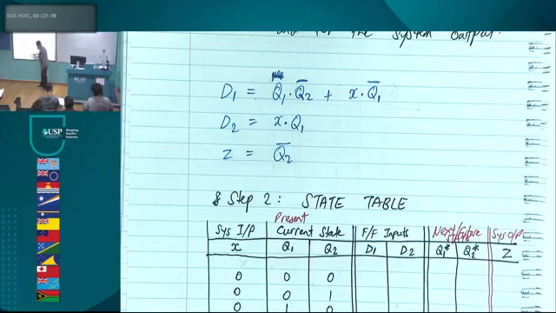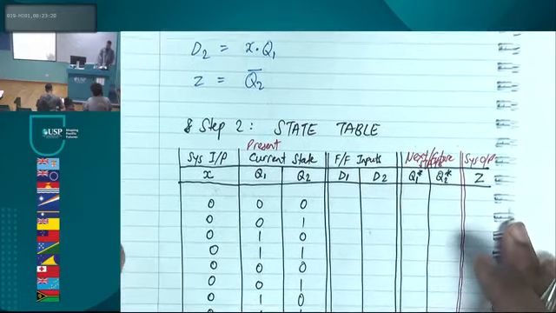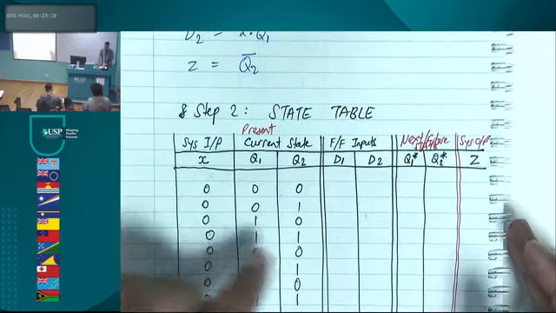So you play with these 3 and you get D1. You plug it into the equation, and for every row you will get an output. Similarly, half of the class will be doing D2, which is slightly easier. And I'll do Z. So Q2 bar.